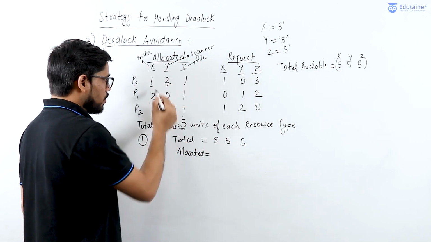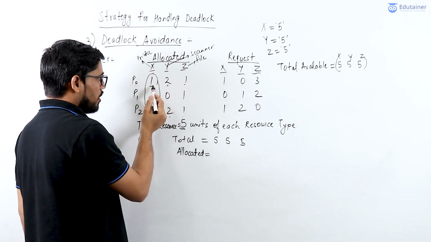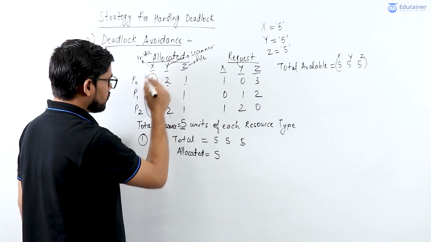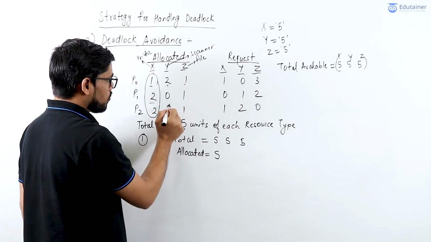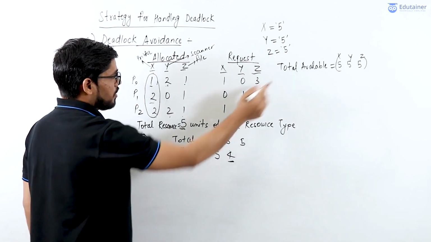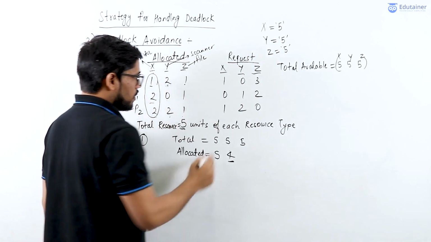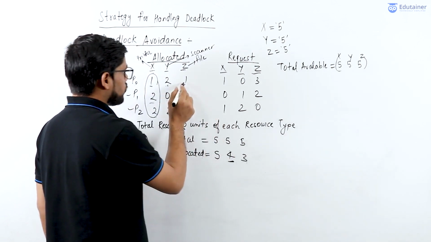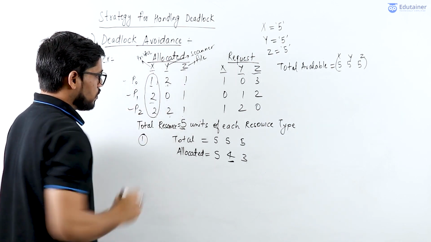For allocated, you just sum up these numbers. So X will be 1 plus 2 is 3, 3 plus 2 is 5. Total 5 will be allocated to processes P0, P1 and P2. Similarly, 2 plus 0 plus 2 is 4. 4 instances of resource Y will be allocated. And similarly, 1 plus 1 plus 1 is 3. 3 instances of resource Z will be given to P0, P1 and P2.